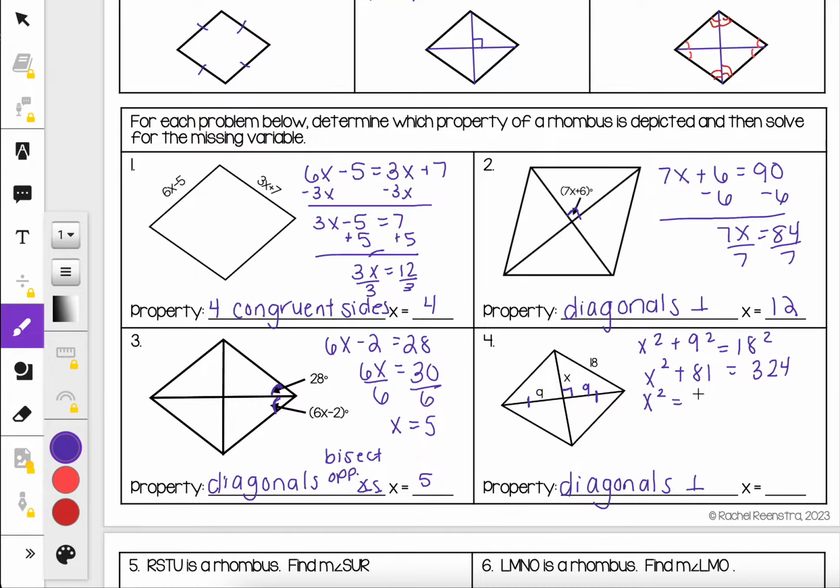And when I subtract 81 from both sides, I'm going to get x squared equals 243. Take the square root of both sides. If you're simplifying your radical, that's going to simplify to 9 times the square root of 3. Or if we're plugging this into a calculator and getting a decimal, we're going to get 15.6. So our answer here is going to be whatever you're using in your class, either 9 root 3 or 15.6.